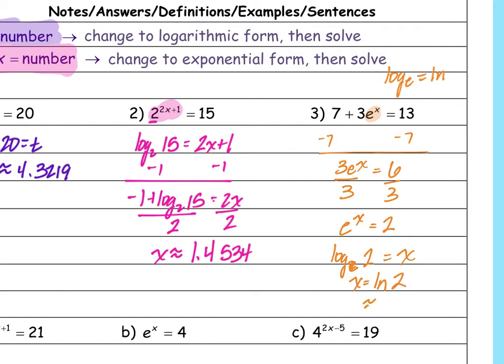So that means x is approximately equal to, get out Desmos here, natural log of 2 is 0.6931.